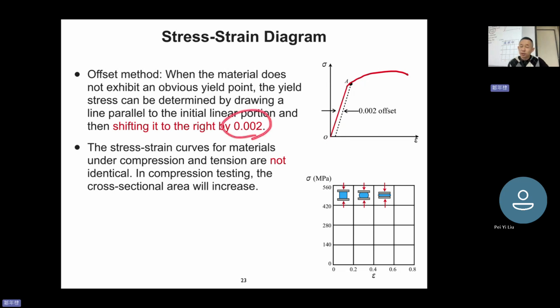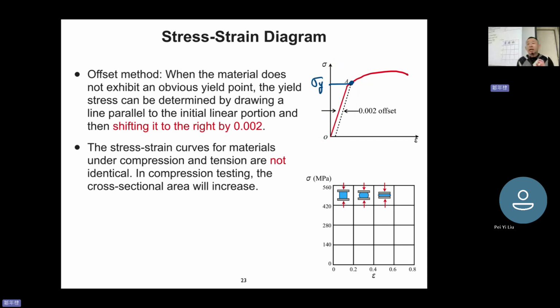This 0.002 is a convention; we don't know why, it's just a rule. Because it's difficult to define the yield point, you shift by 0.002, get that point, and then you get sigma y. Because we cannot find the proper sigma y, we just choose this offset method to get a value.